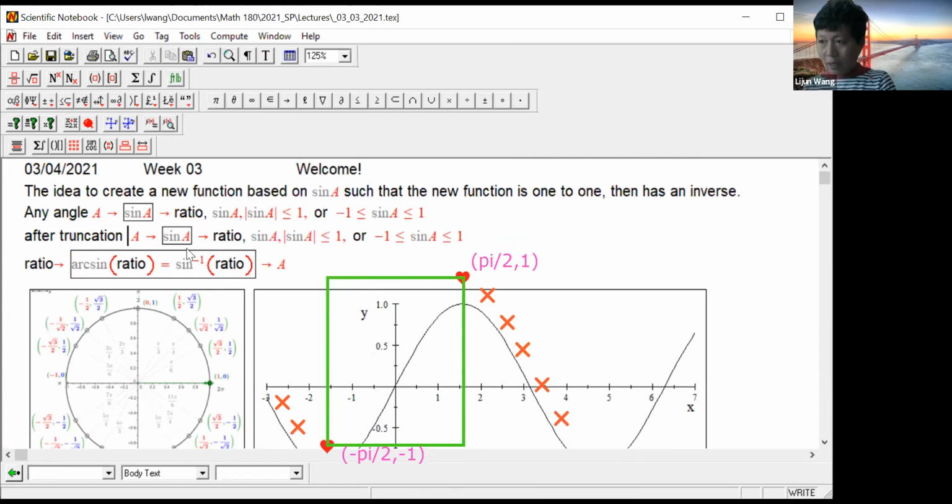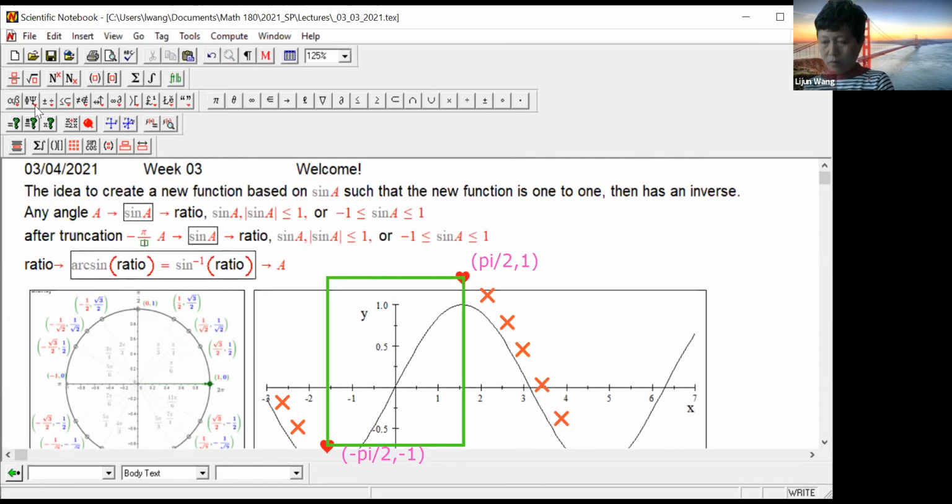This angle is going to be between negative pi over 2 less than or equal to a less than or equal to pi over 2. Only this angle. And the ratio is still the same. Do you follow me?